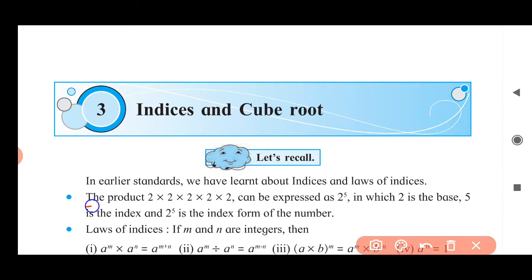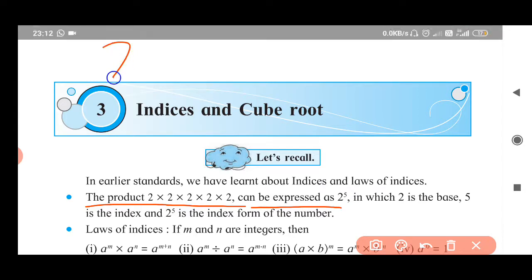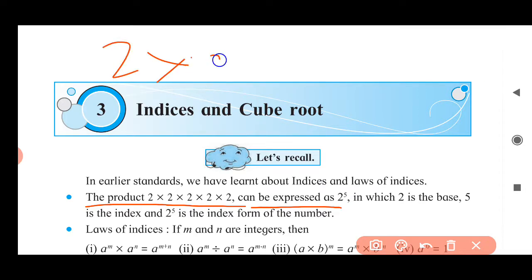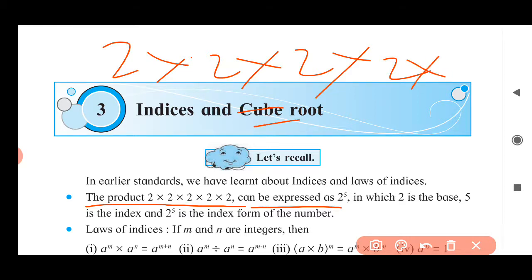The product of 2 multiply by 2 multiply by 2 multiply by 2 multiply by 2 can be expressed as 2 raised to 5. When the same number is multiplied repeatedly, in multiplication or product form, you can express it as 2 raised to 5. 2 raised to 5 means what?